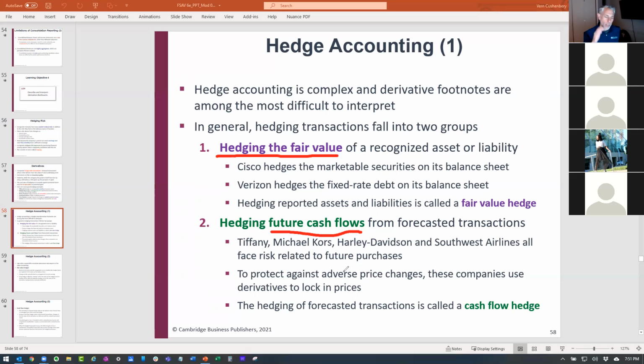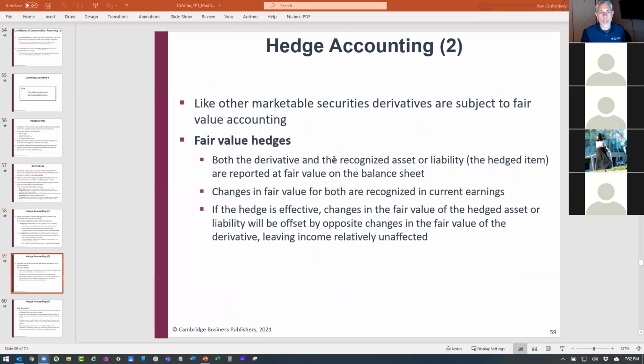We can enter into a series of hedges that make sure those prices are constant over that period of time. But because those cash flows take place in periods beyond time 0, FASB says that we want to put the net gain and loss from those in the accumulated other comprehensive income section.